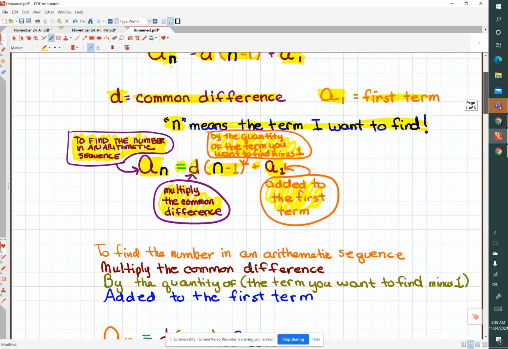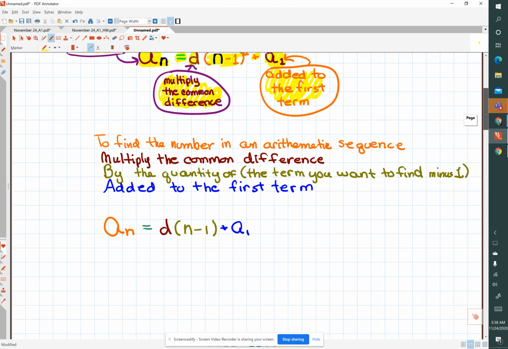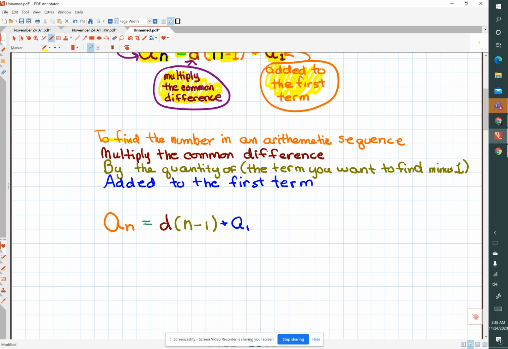Let's review that again. To find the number in an arithmetic sequence, that's what a sub n means, we must multiply the common difference. That's the d. Sorry, I meant to write that right here. It's our d.